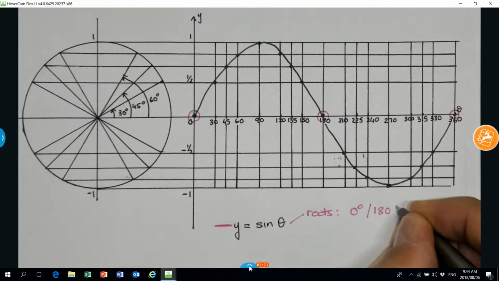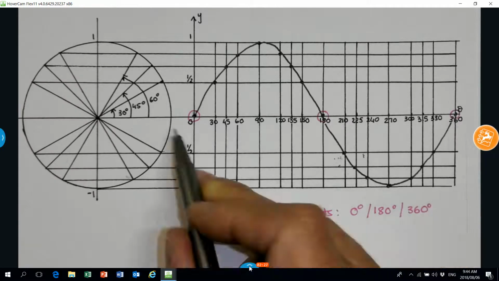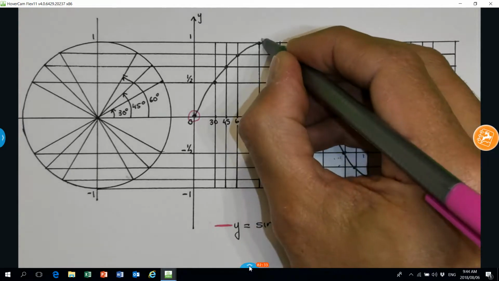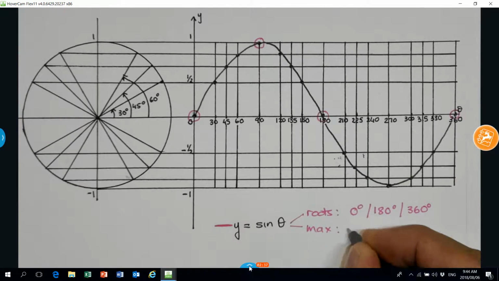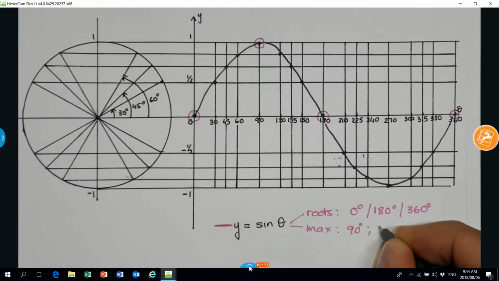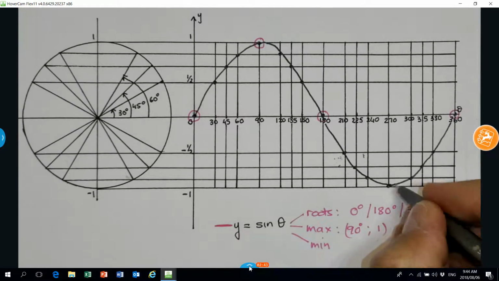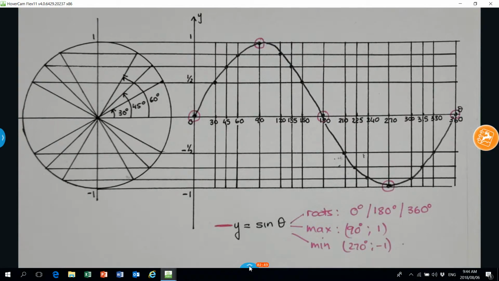So the roots of the sine graph, in other words, where it's 0 or crosses the horizontal theta axis, lie at 0, 180 and 360. The maximum point is at 90, so our maximum point lies at 90 degrees and positive 1, and our minimum point over this particular domain lies at 270 and at minus 1.